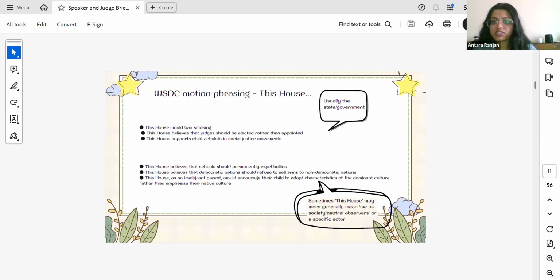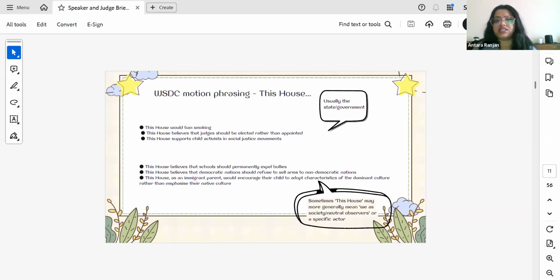These are all motions that can only be passed and implemented by the government, right? So, in these kinds of motions, the words "this house" refer to the state, or the government in general. That's why anytime you're in a debate, you hear the words prime minister and leader of opposition, which are real roles in the parliament. So, these are the first kinds of debate, in which you are the government.